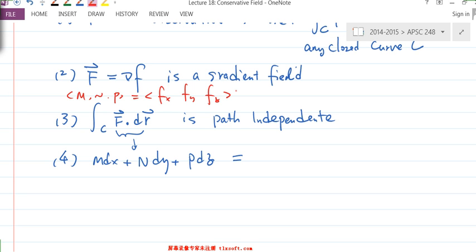In other words, M equals partial f over partial x, N equals partial f over partial y, and P equals partial f over partial z. So this expression can be replaced with Fx dx, Fy dy, and Fz dz.